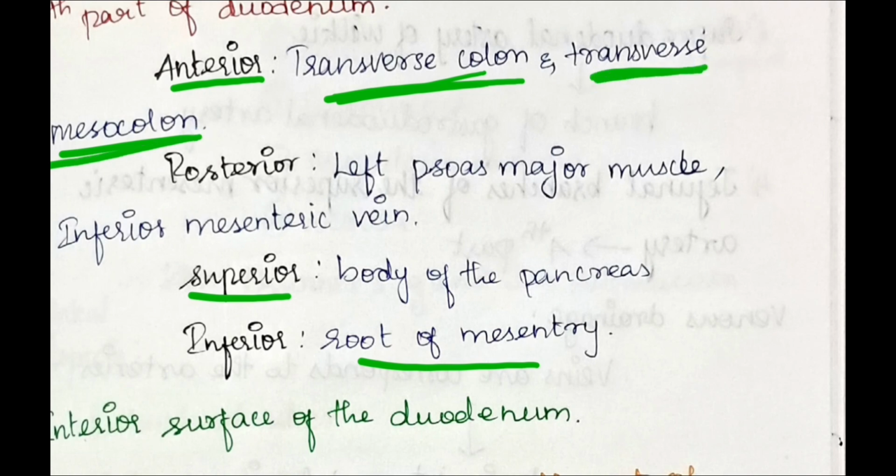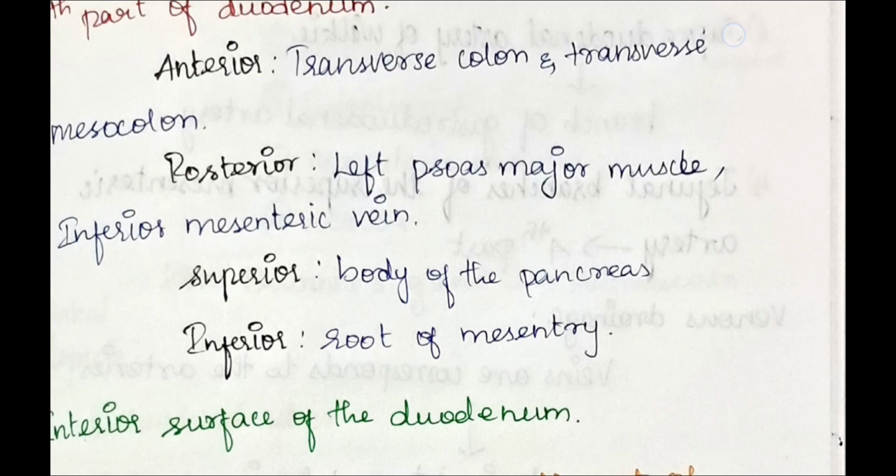So these two are the anterior relations. Coming to the posterior relations, we have left psoas major muscle and inferior mesenteric artery. So posteriorly we have inferior mesenteric vein. Okay, these are the visceral relations of the four parts of the duodenum.